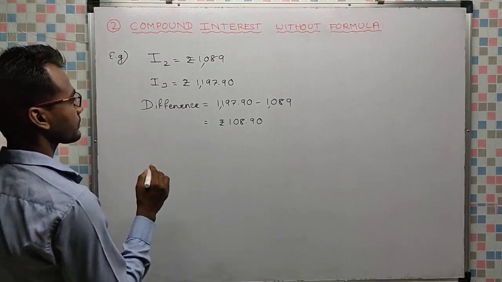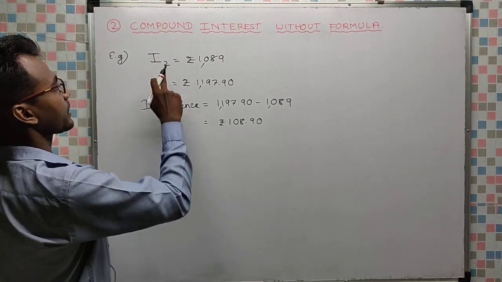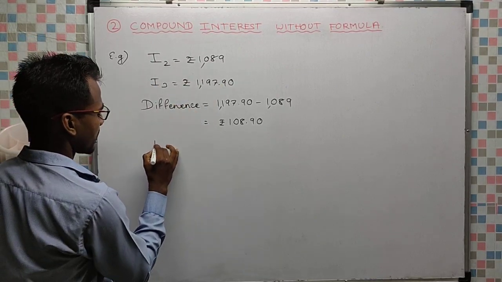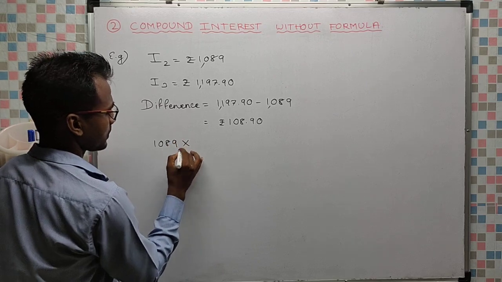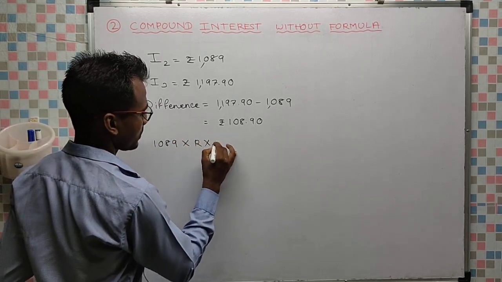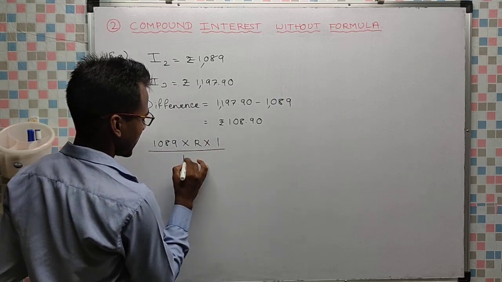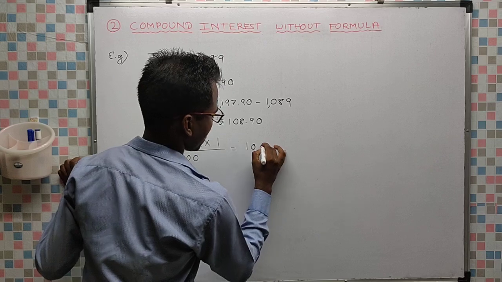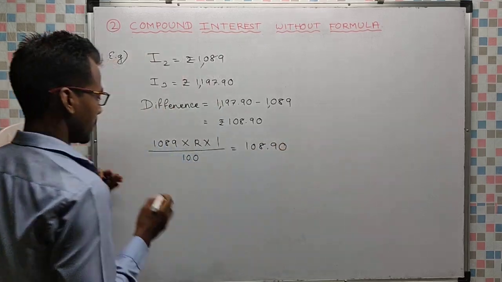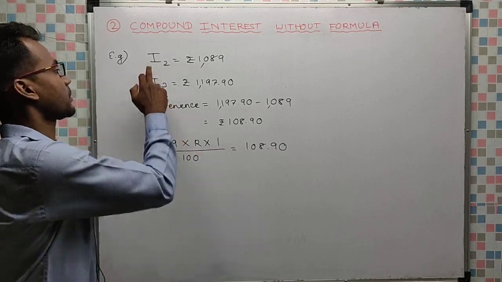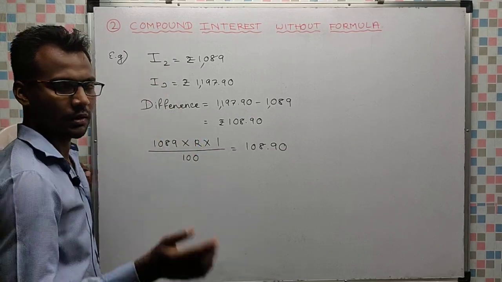So now let us assume that this I2, 1089, is the principal. The rate we don't know, time is 1 year. Principal into rate into time by 100 is equal to the difference, 108.90, because I3 minus I2 is the interest on I2 at the same rate for 1 year.